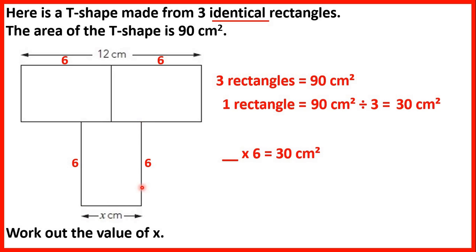So we know that 6 times whatever x is must be 30, because if 3 rectangles have an area of 90, one rectangle must have an area of 30. Now 5 times 6 is 30, so that means the value of x is 5.